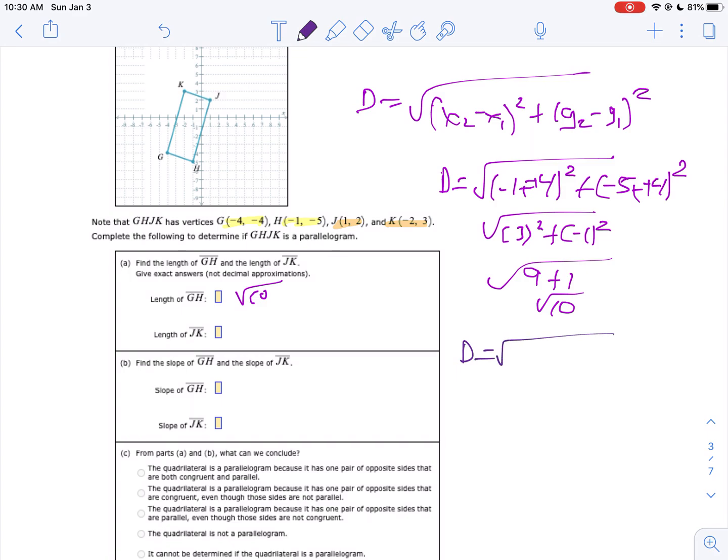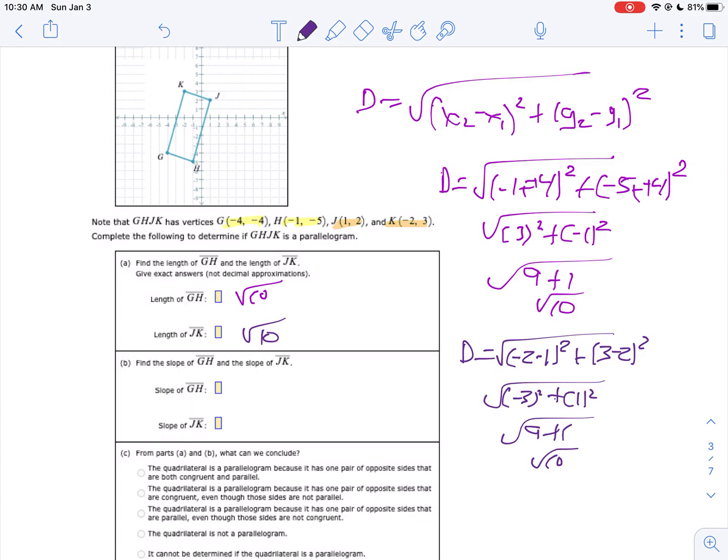So we're going to say -2 minus 1 squared plus 3 minus 2 squared. Well, that's negative 3 squared plus 1 squared, which is 9 plus 1, which is the square root of 10. In other words, they're equal.